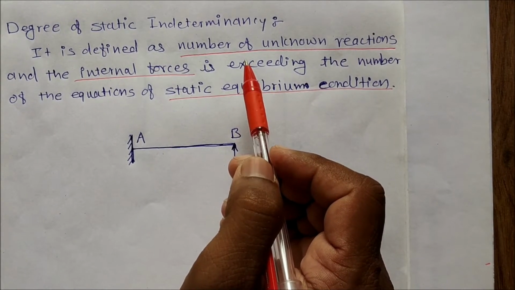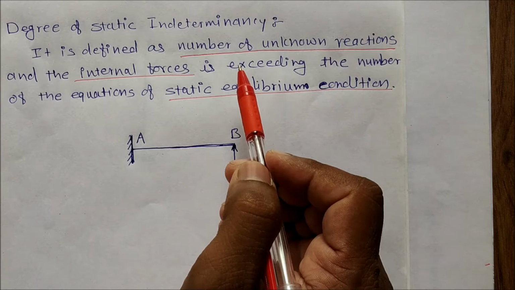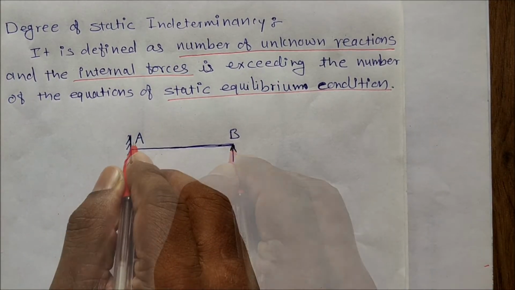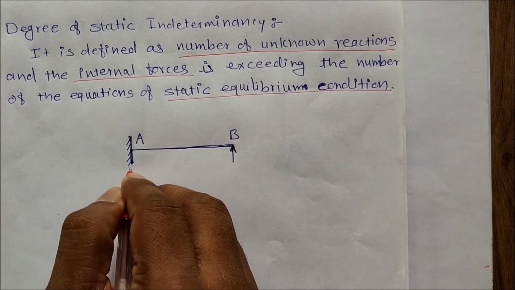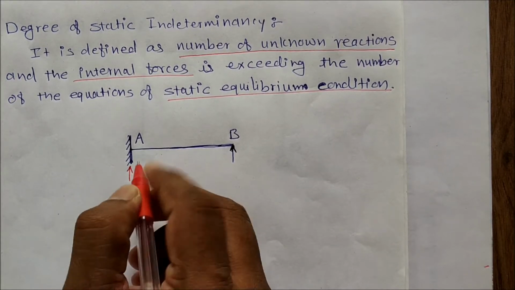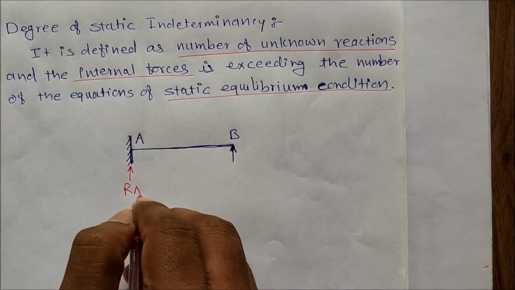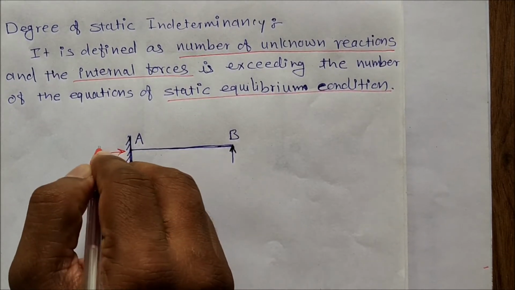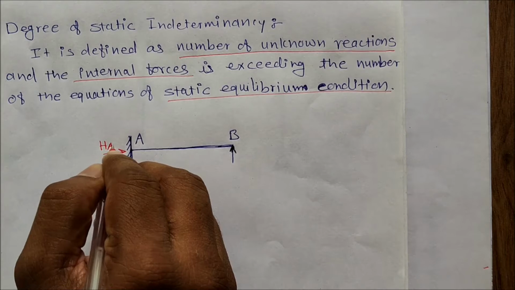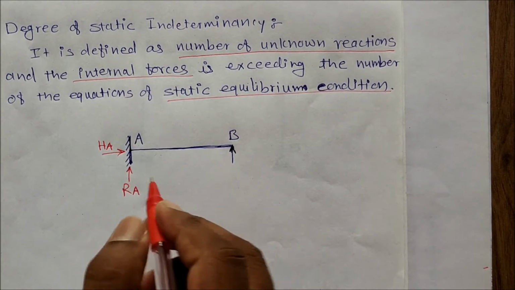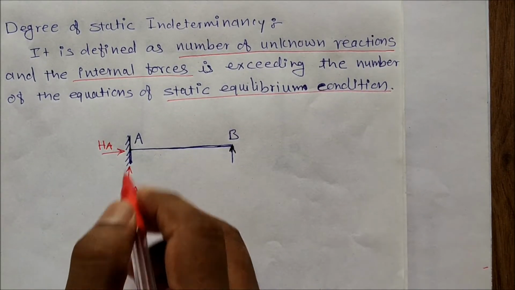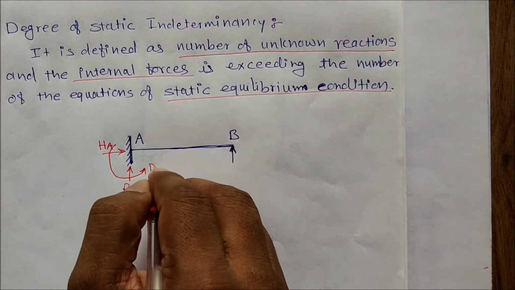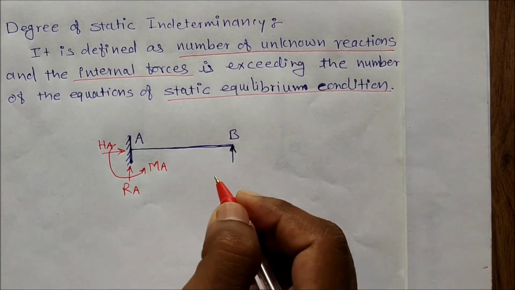So, I will take a cantilever beam with a support at the free end. This is the cantilever beam. At fixed support A, there is a vertical reaction, horizontal reaction HA, vertical reaction RA, and moment MA.